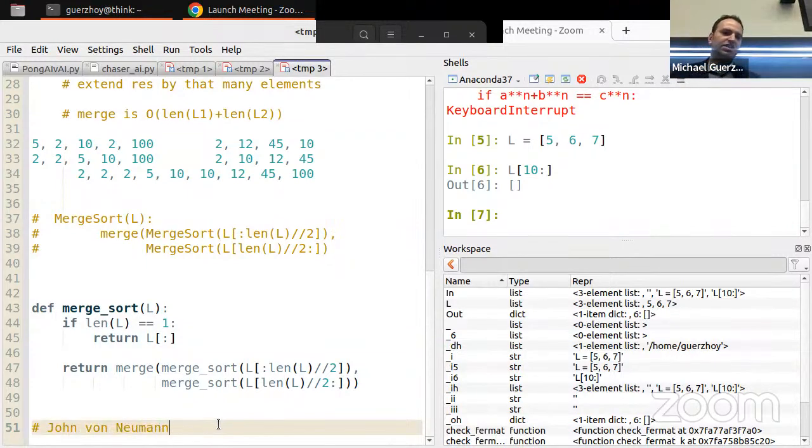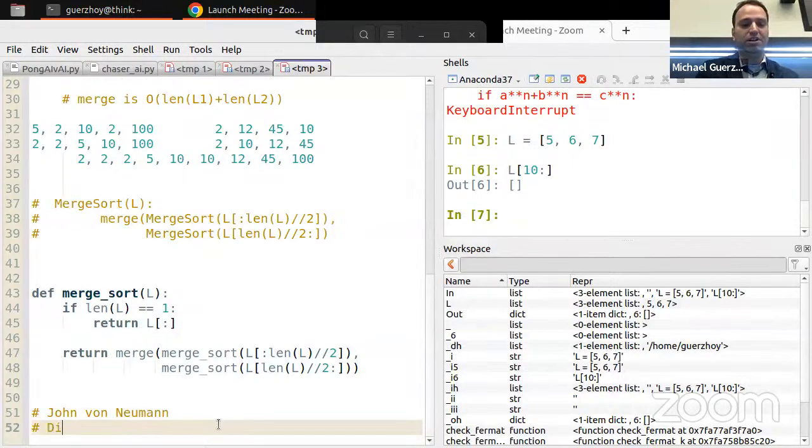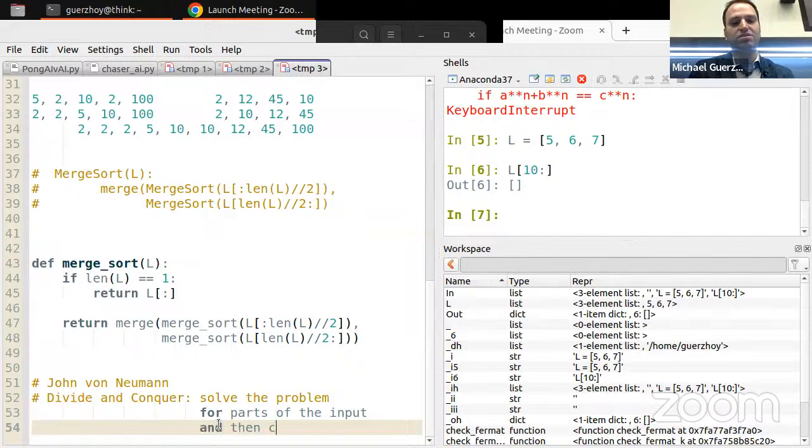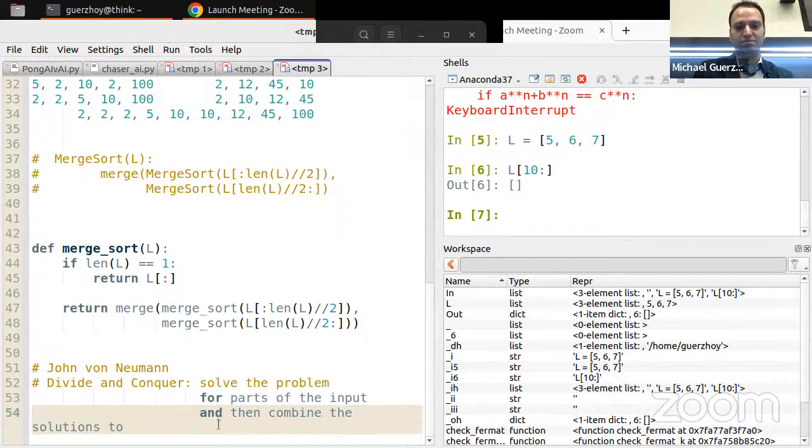So it's hard to say how to be John von Neumann, but in this kind of situation, something that often works, and that's again attributed to von Neumann, is what's called divide and conquer: solve the problem for parts of the input and then combine them to form the solution to the original problem.